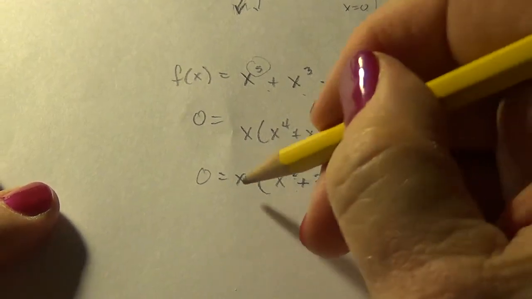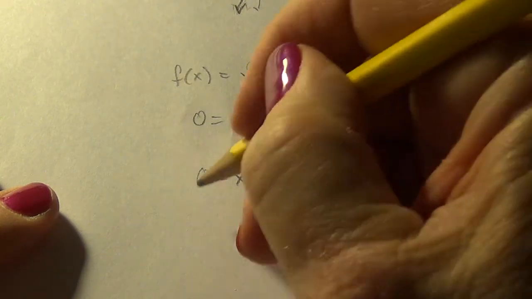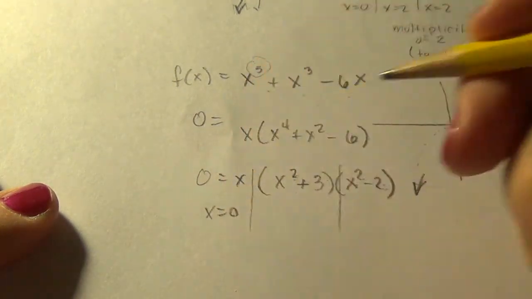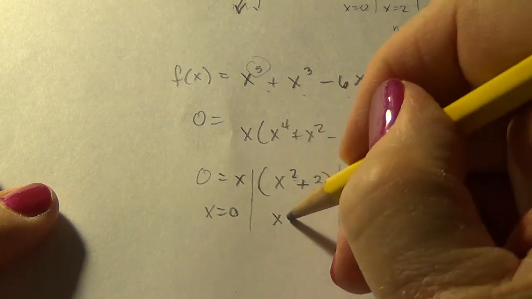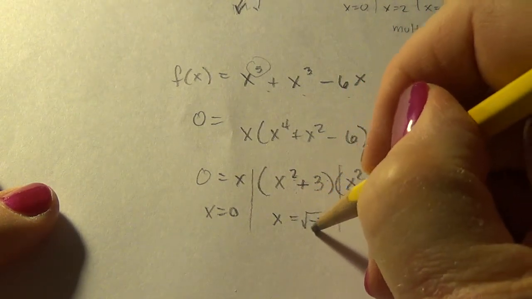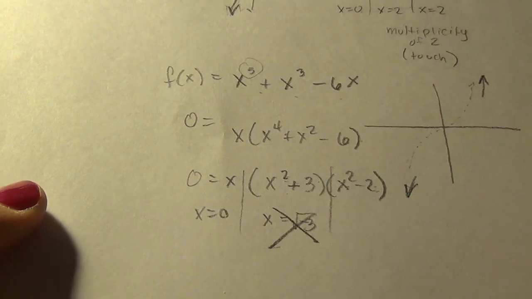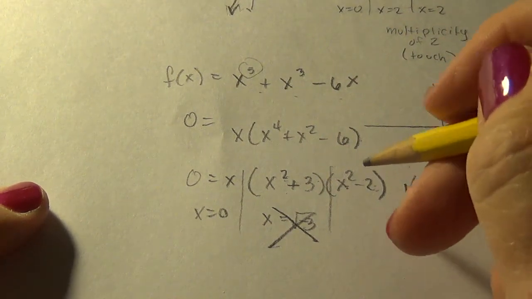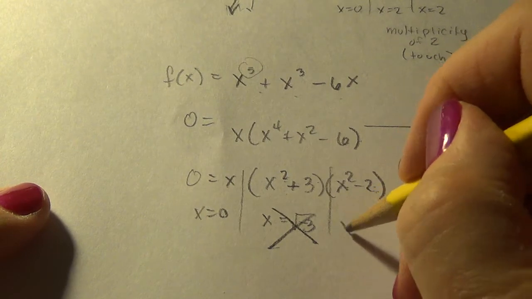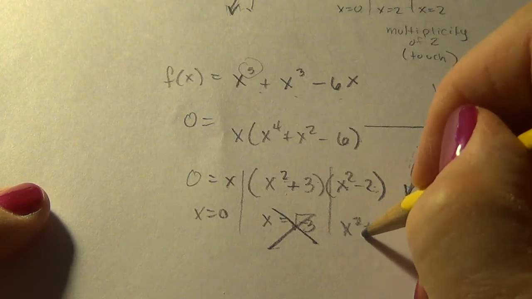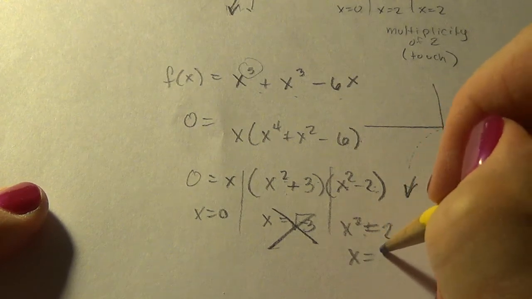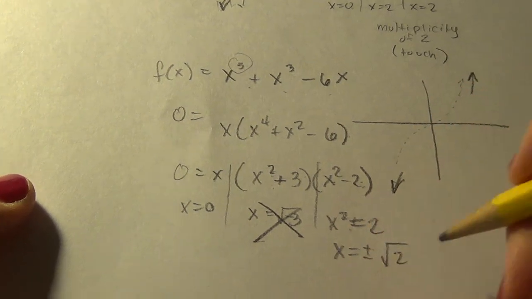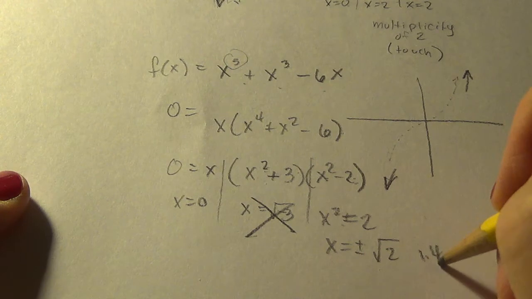Okay. So we have 3 branches. Set each one equal to 0. x equals 0. When you solve this, you get x equals the square root of a negative number. That's not real, so we won't explore that branch. And this is x squared equals 2, and x equals plus or minus the square root of 2, which is somewhere around 1.4.